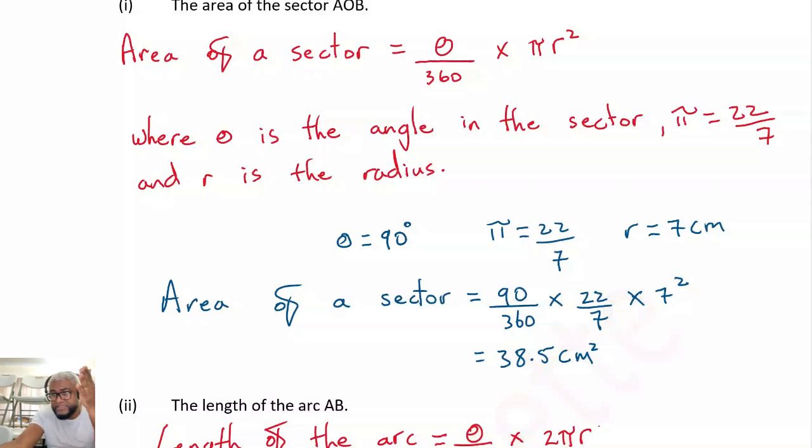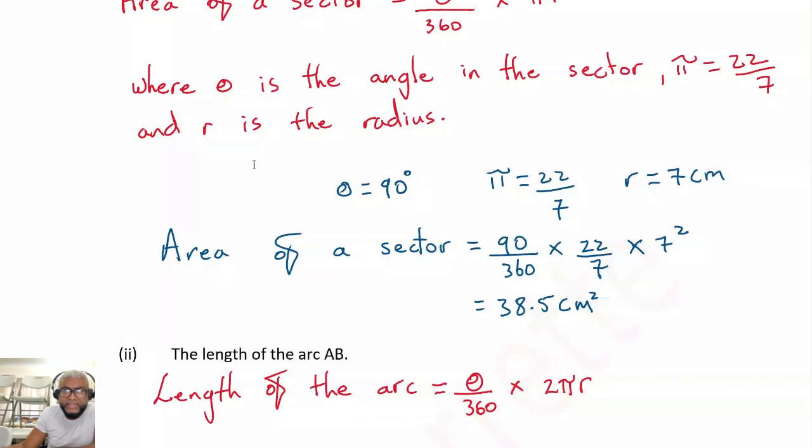So if you really examine these formulas, the first formula, which is area of a sector, is like you're trying to find what fraction of the area the sector is. And this here for the length of the arc is like what fraction of the circumference the arc is, right? So we proceed in here.